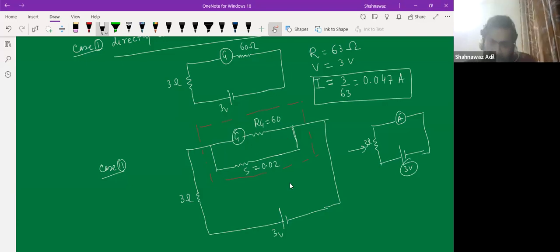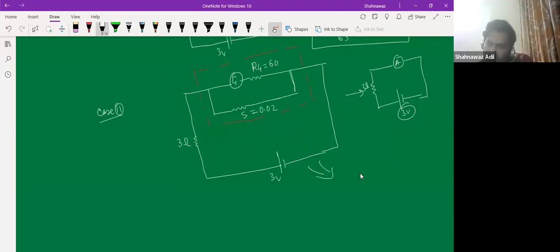Okay, so now let us check what the R effective would be in this case. This would be 3 ohm, and then we have this R effective. These are in parallel.